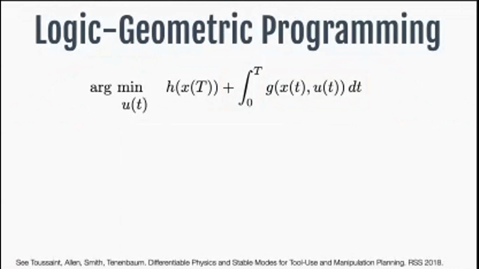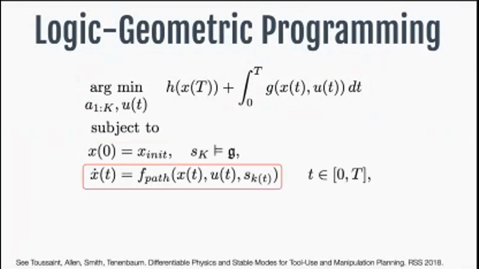Okay, so to now combine this with a logic planner to find longer horizon tasks, Marc Toussaint et al. have proposed logic geometric programming at RSS 2018. So what this does is basically take this trajectory optimization problem and add discrete actions, like for example pick and place, denoted here by A, and also add some constraints that now also take discrete states and discrete actions into account.